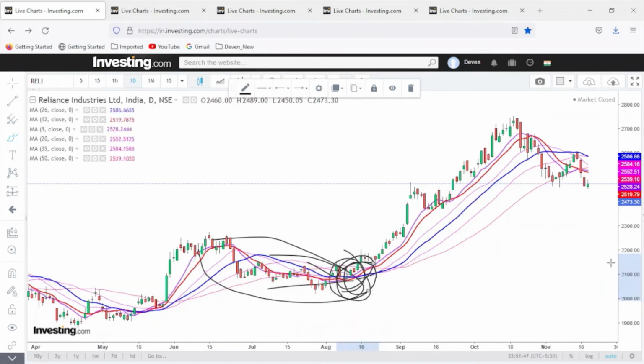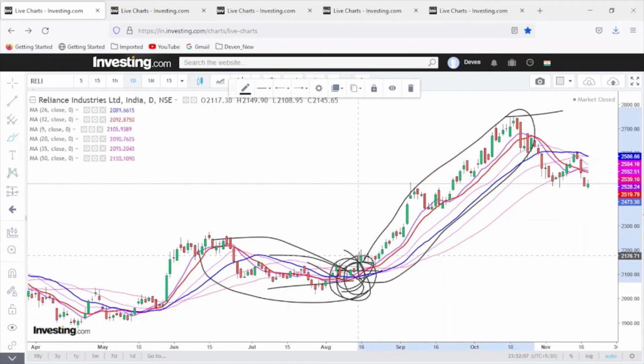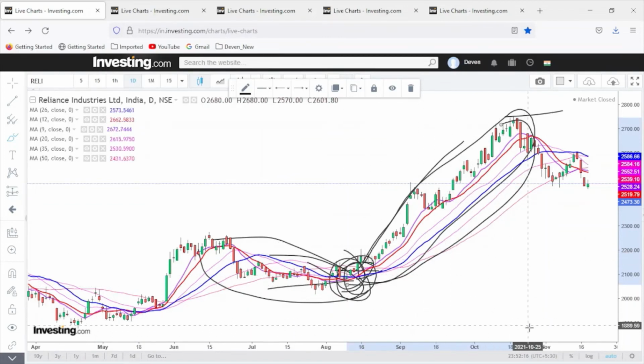And if you see, the price was around 2100, but when the price moved up, it has closed at 2473, but it has gone up to 2751 something. So we have got a rally of around 700 points after 2100. So percentage wise it was a good rally in just 1, 2, 3 months. So in 3 months you get a good rally.